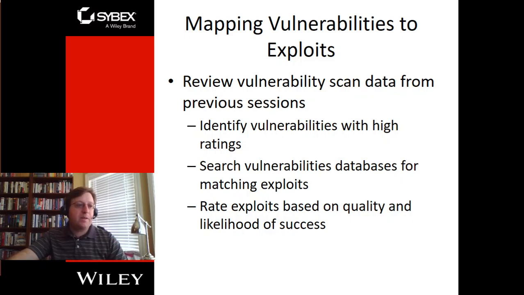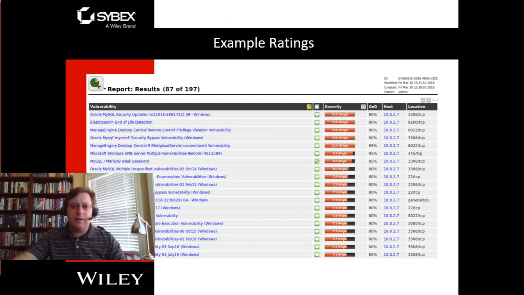So remember, some of the ways of thinking about that are going to be a little bit backwards. This is the example ratings that you would expect to see for vulnerabilities. And you would take the vulnerabilities that you see in a report like this and compare those to the exploits.